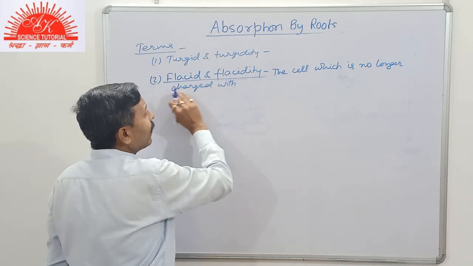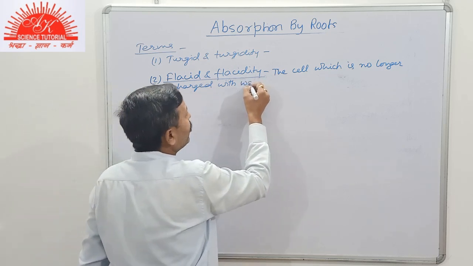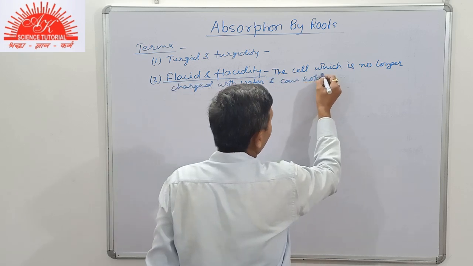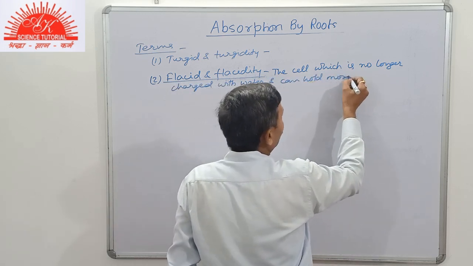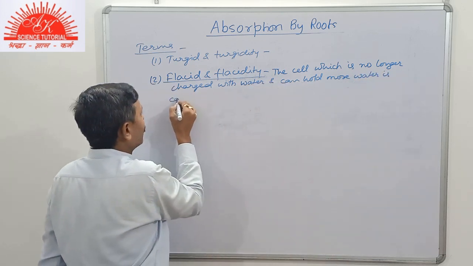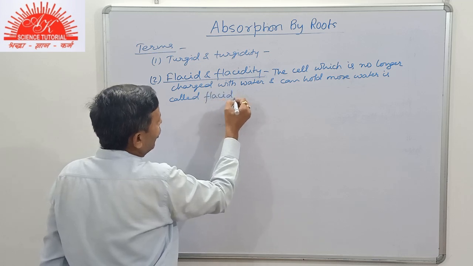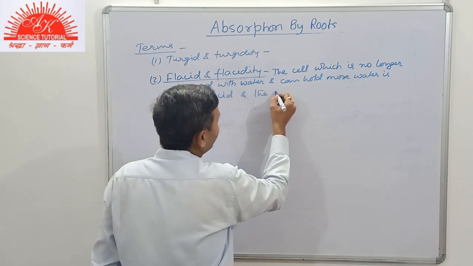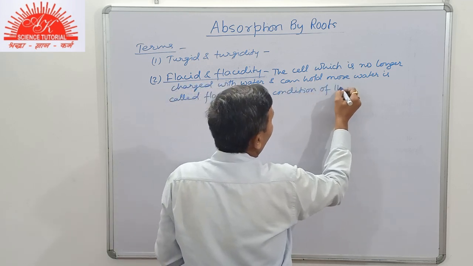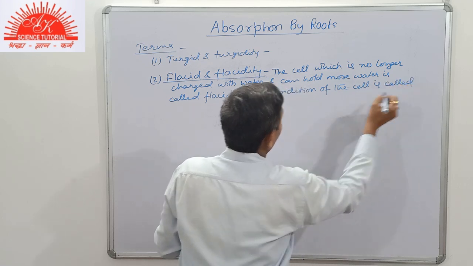And here, when it is flaccid, it is no longer charged with water and can hold more water, it is called flaccid. And the condition of the cell is called flaccidity.